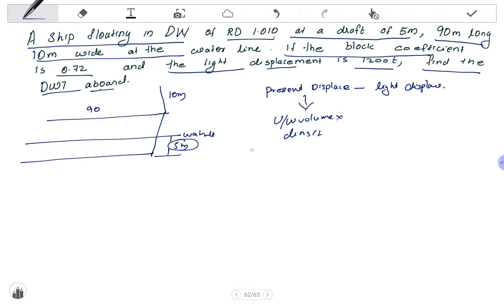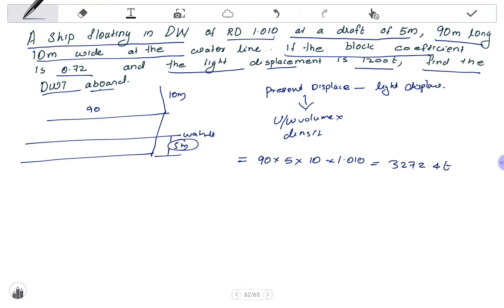So the underwater volume will be 90 into 5 meters, that is the draft, into 10, into 1.010. That will be 3272.4 tons.